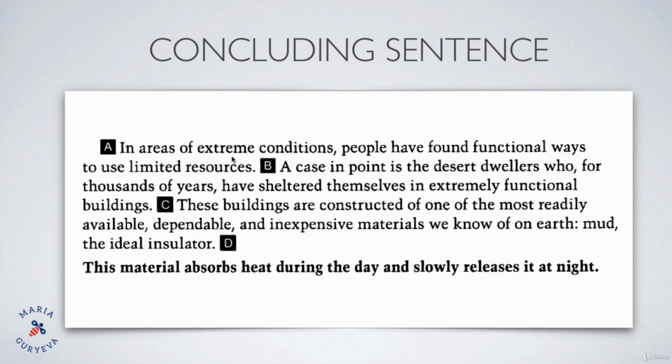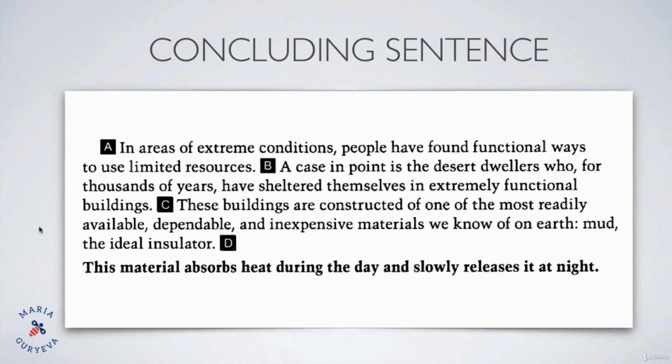A case in point is the desert dwellers who, for thousands of years, have sheltered themselves in extremely functional buildings. These buildings are constructed of one of the most readily available, dependable, and inexpensive materials we know on the earth, mud, the ideal insulator. So we see that this sentence has a transition, this material, it's a pronoun.